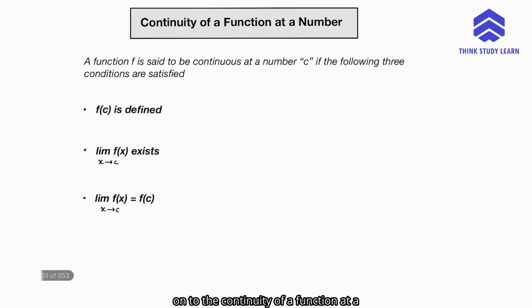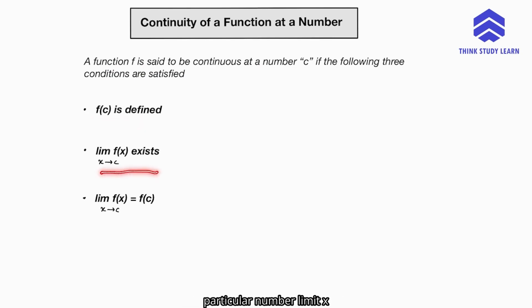Now moving on to the continuity of a function at a number. If we are to check whether a function is continuous at a given number, how are we going to do it? A function f is said to be continuous at a number c if the following three conditions are satisfied. First, f(c) is defined, that the function is defined at that particular number.